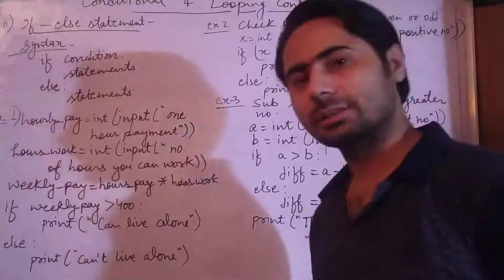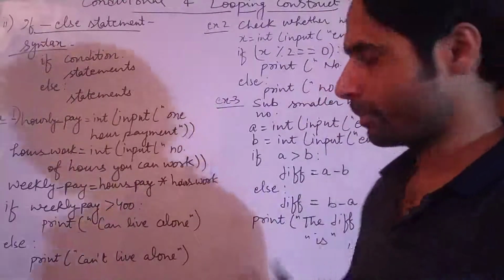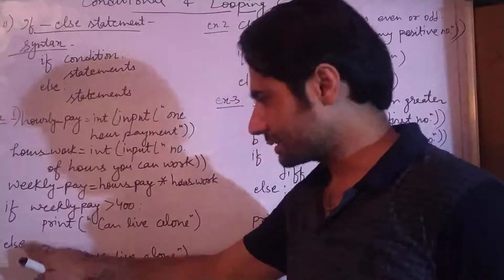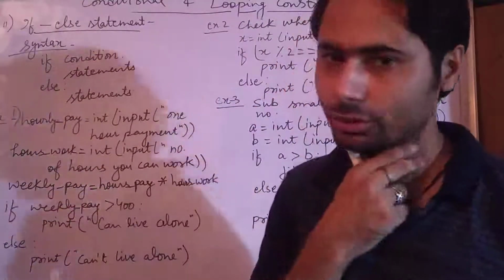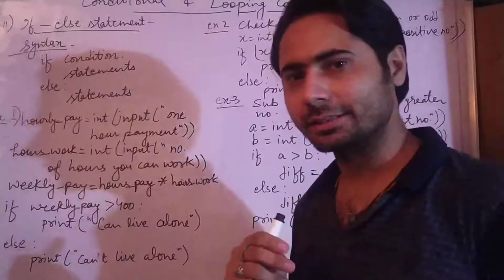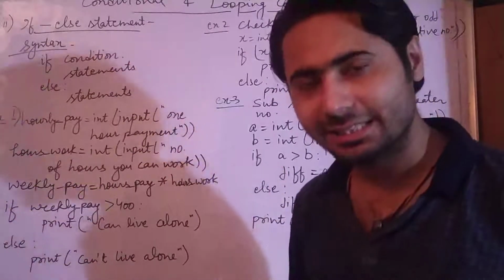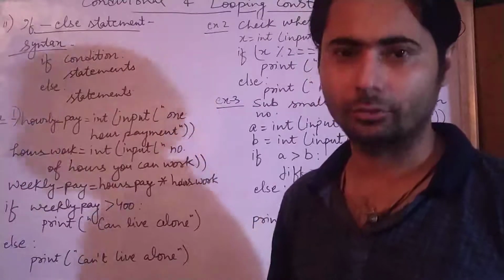It means a person can live alone. Else, अगर ये कंडीशन फॉल्स हो जाती है, it means the result becomes less than 400.